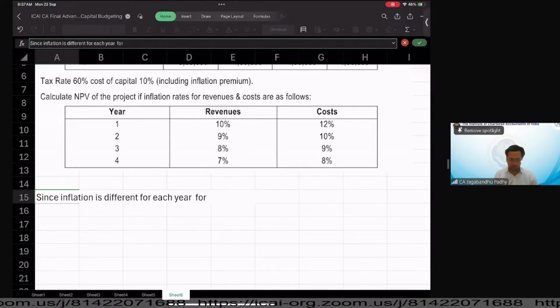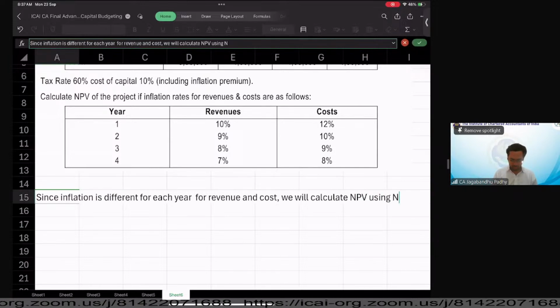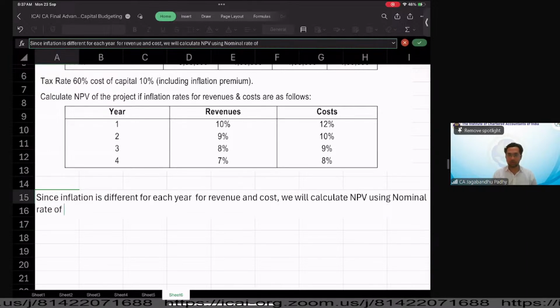So since inflation is different for each year for revenue and cost, we will calculate NPV using the nominal rate of return.